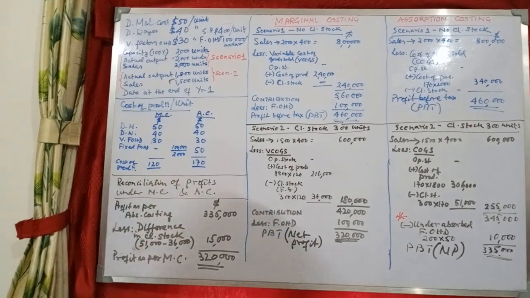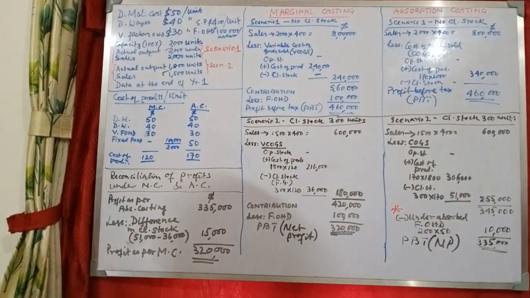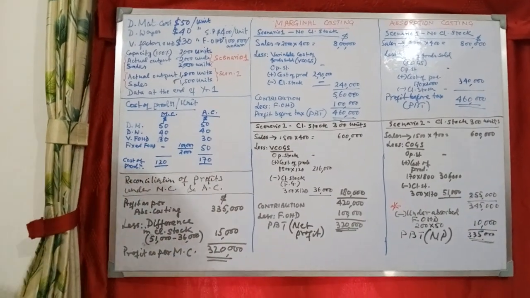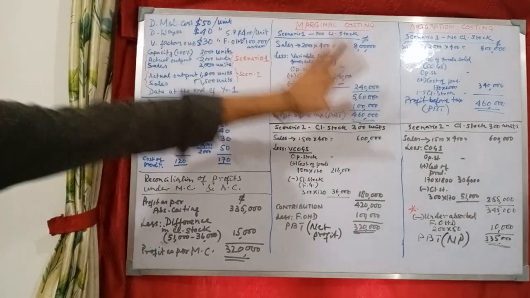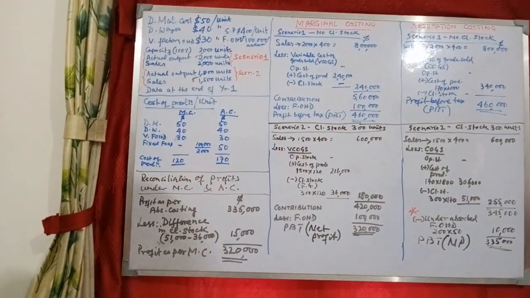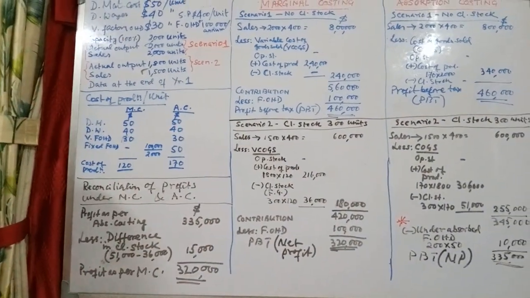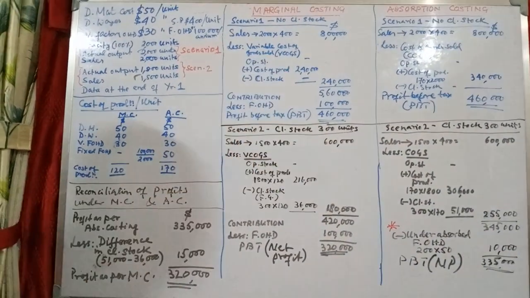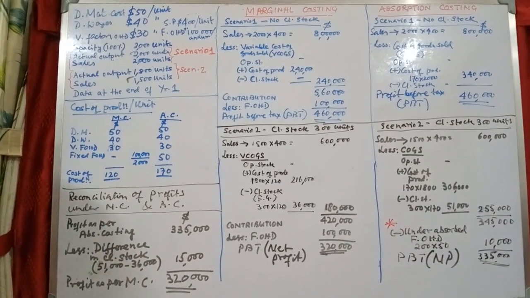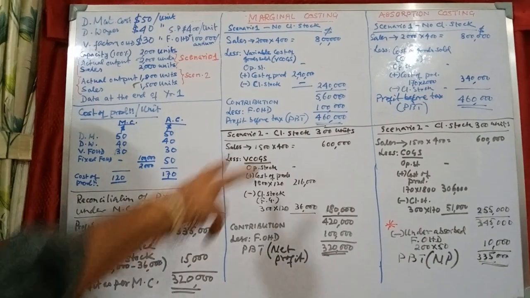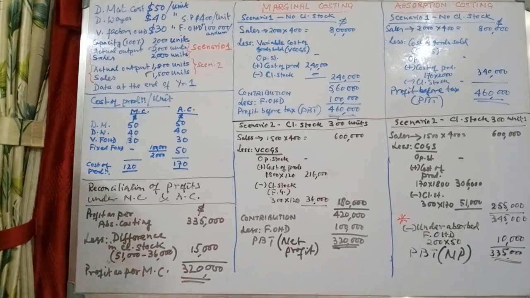And more often than not, these types of problems are set in the question paper. So please carefully and attentively understand these things. This is all about the application of the two systems, that is marginal costing system and absorption costing system, and also differences between the two systems. Okay, so I think this is enough for this video.